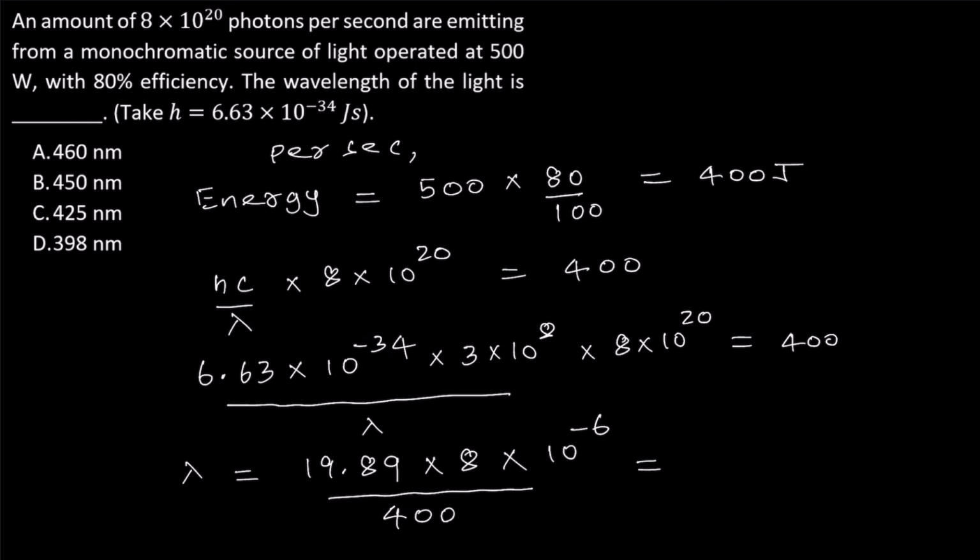Then I'll have to multiply 19.89 by 10. So we can write it as 198.9 into, let's say, 8 by 4 is 2, and into 10 to the power minus 9. So that's a nanometer.